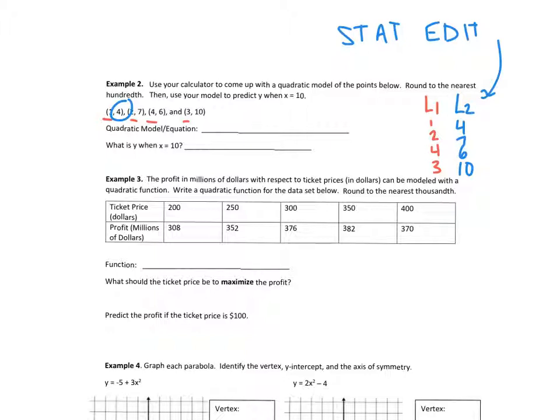To find the quadratic model, I go to stat, calc, and this time instead of doing linear regression, I'm going to select quad regression.